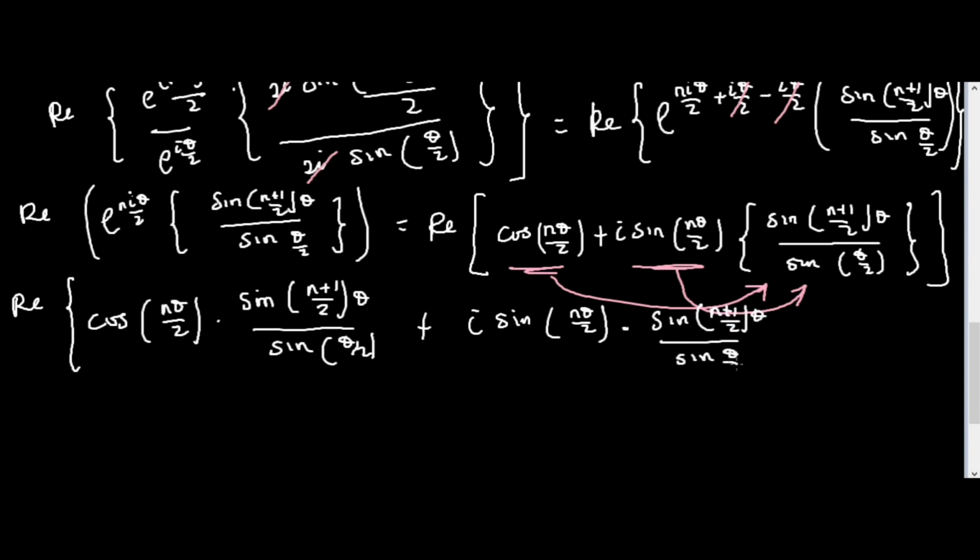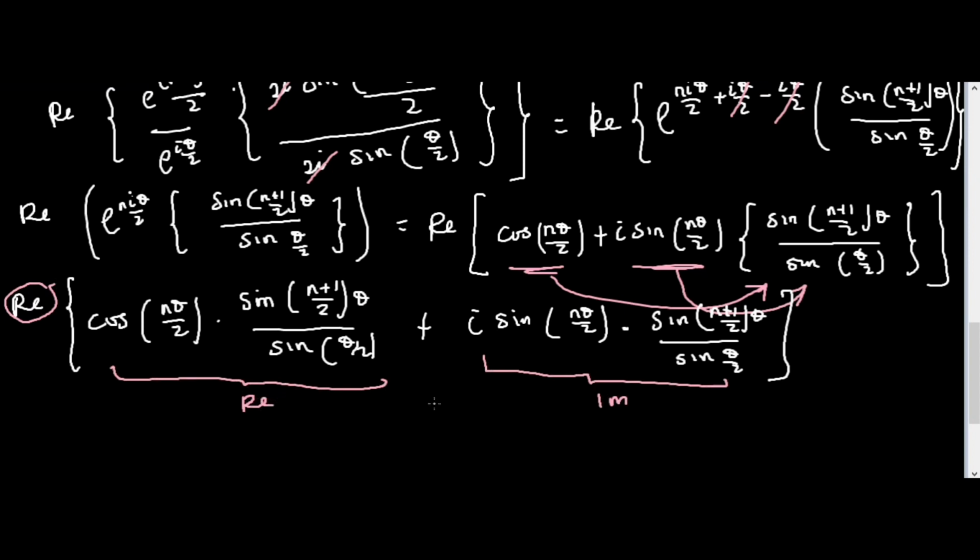So at this point, we know what to focus on and what to throw away. Since we are dealing with the real part, I will do away with this part because this is the imaginary part. This is the real part, since there's no i, that's what I mean by a real part.